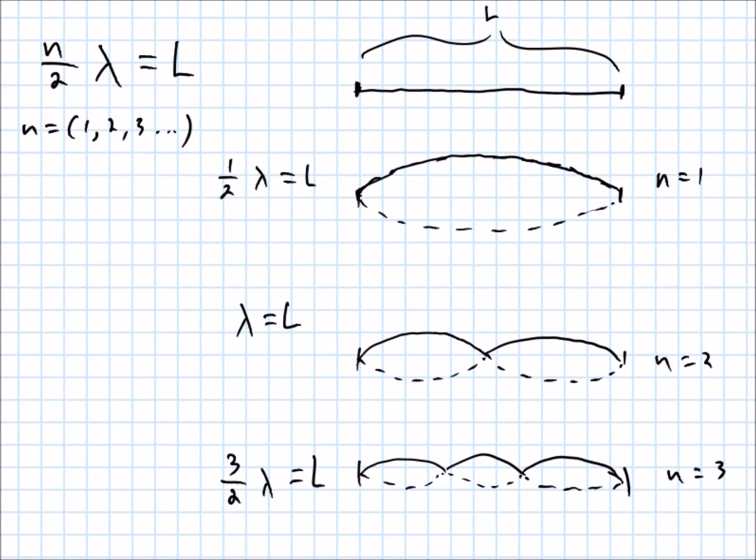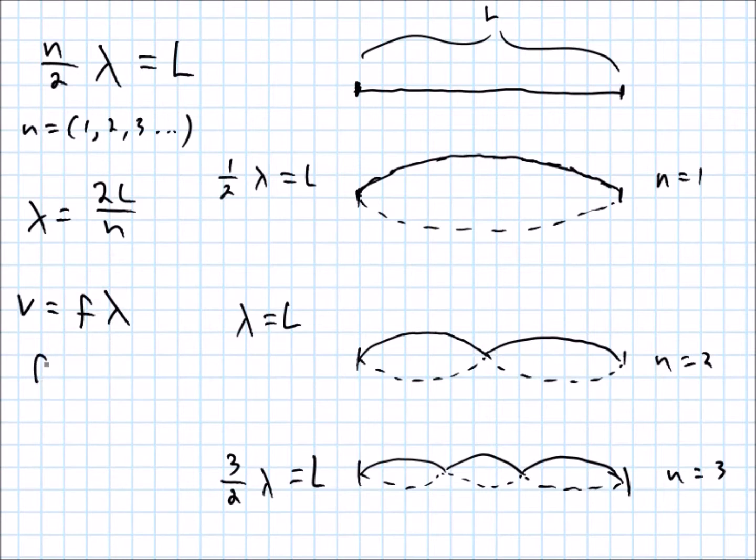Now that can be rearranged for wavelength, which I think it usually is. Wavelength is equal to 2L over n. And then recalling a rule of all waves, that the velocity of a wave is equal to its frequency times its wavelength, I can actually solve for the frequency of standing waves instead, which is used more often.